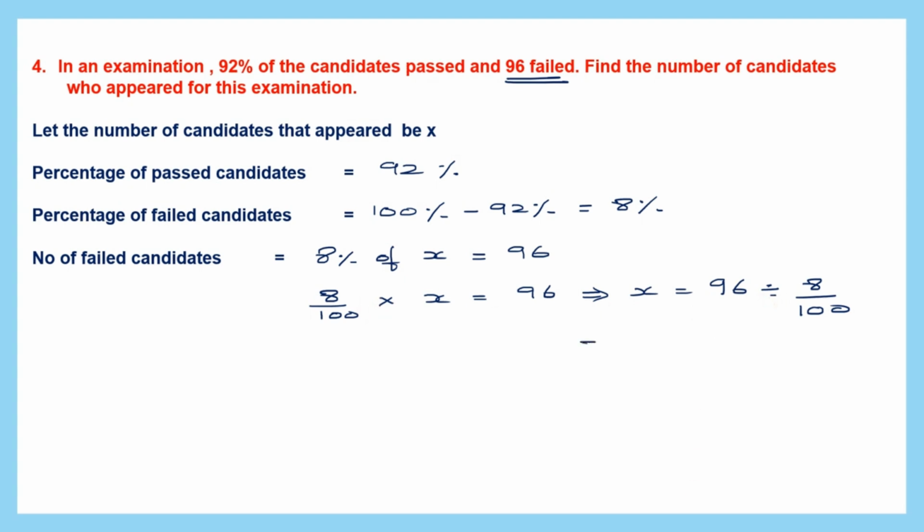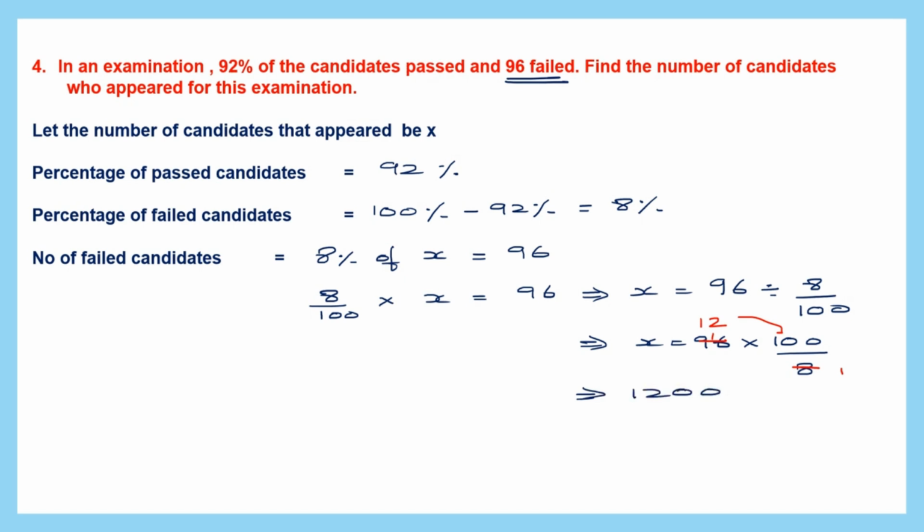Now let's simplify this. So X is equal to 96 into 100 by 8. Now we can simplify. 8 ones are 8 and here 8 ones are 8. We have 16. 8 twos are 16. 8 into 12 is 96. Now multiply these two. So 12 into 100 is 1200.